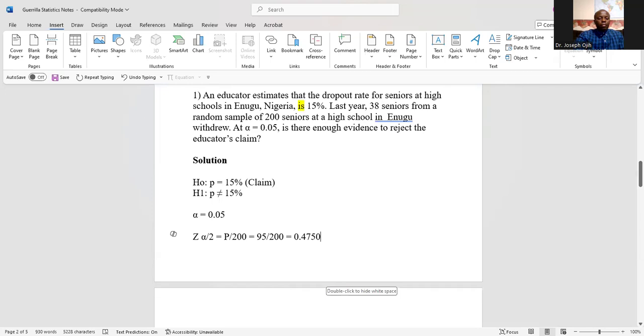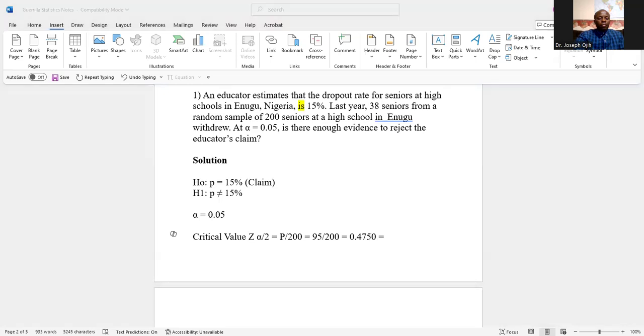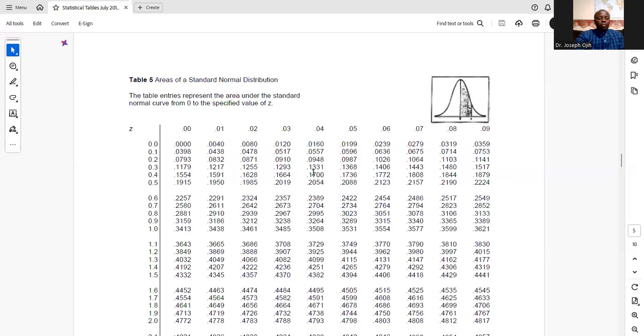Now, from that table, we find the critical value, which is Z alpha over 2. Let's go and look at it on the table. So you open your statistical table, look at the table of normal distribution, or the Z table. I'm sure you can see it on the screen.